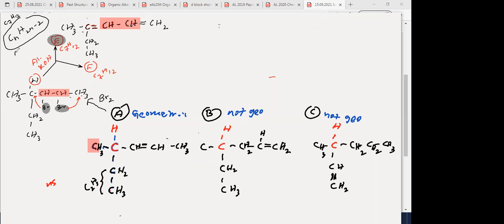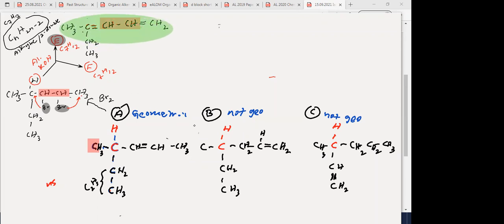So that means one triple bond or two double bonds. These are the possibilities to have the general formula CnH2n minus 2. So that is the answer for E. Is that clear? Do you want me to explain this one again?